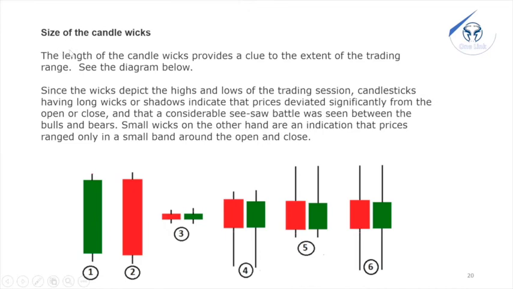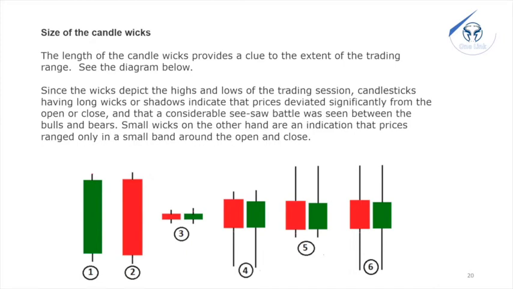Now, this is the size of the candle wick. The length of a candle wick provides a clue to the extent of the trading range. See the diagram below. I'll explain it to you one by one.